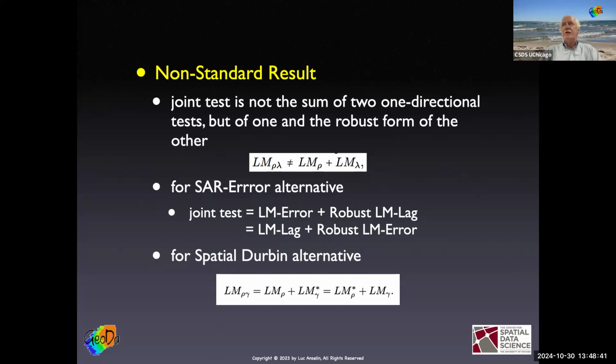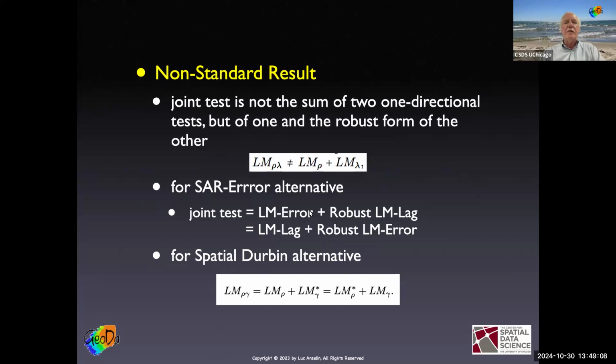So the joint test here for rho and lambda is not the sum of the one-directional test for rho and the one-directional test for lambda. So this is the lag and error case. This is the lag test, this is the error test.